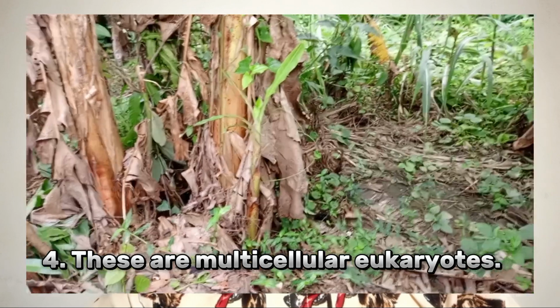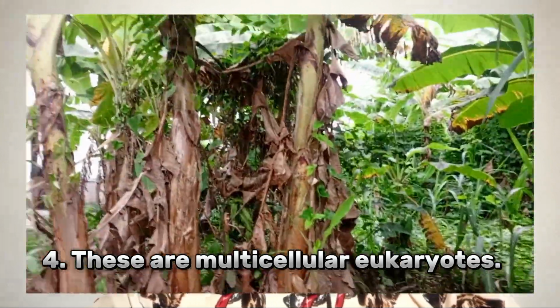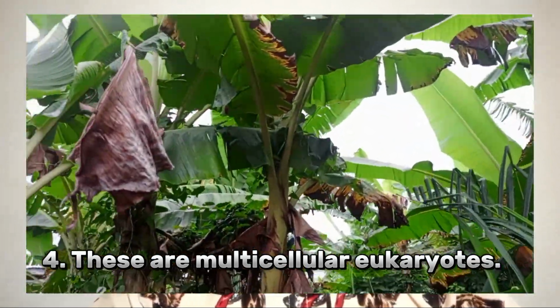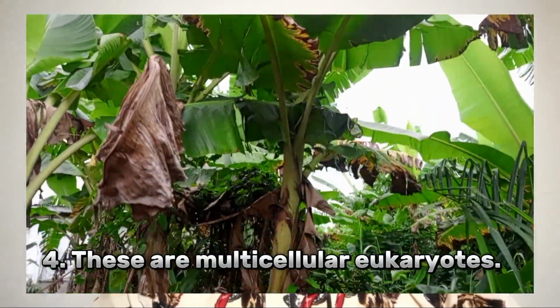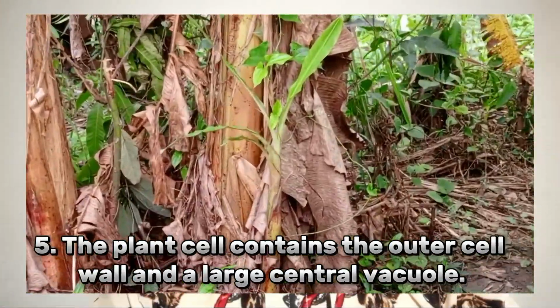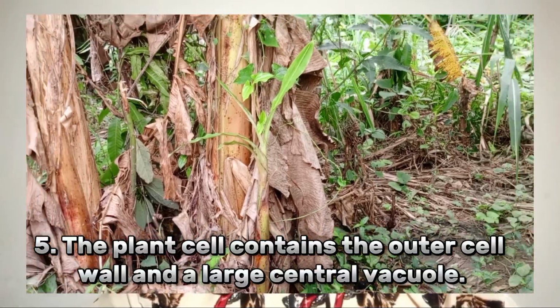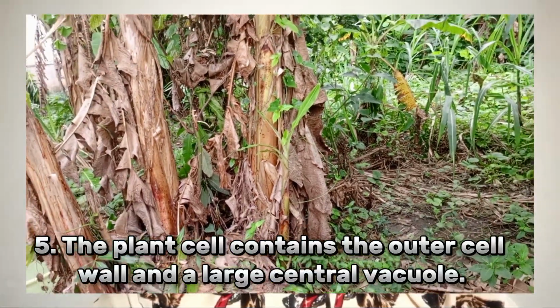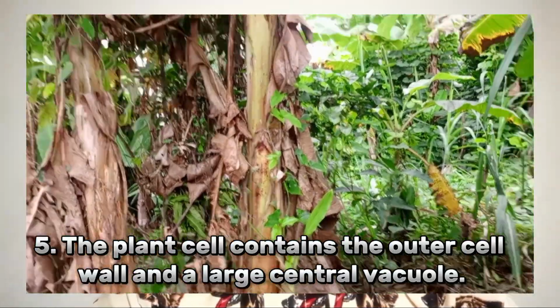The fourth characteristic of plants is that they are multicellular eukaryotes. They are multicellular organisms. They contain more than one cell. And basically, the plant cells are distinct from the animal cells based on the possession of a large contractile vacuole in the cell wall.